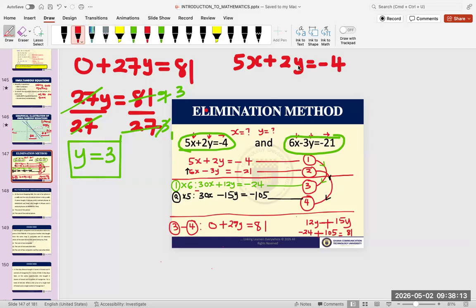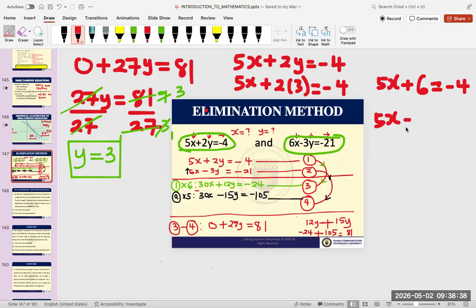So we are looking for x, we have y. So this becomes 5x plus 2 times 3 is equal to negative 4. We have 5x plus 6 is equal to negative 4. 5x will give us negative 4.